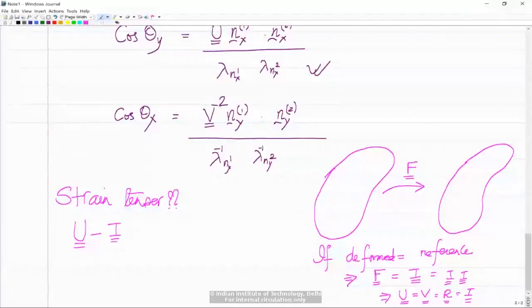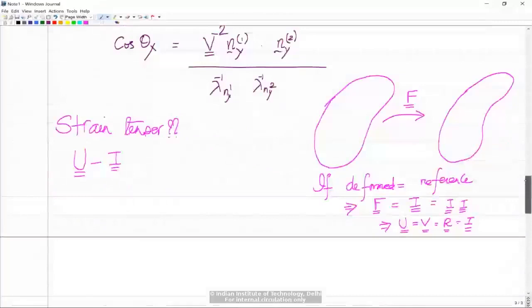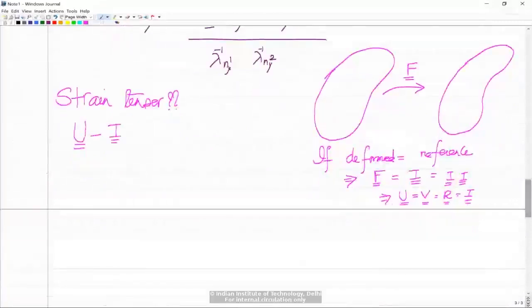There are several ways to see this. Basically, what we want is a strain tensor which vanishes in the reference configuration. And there are several such definitions.